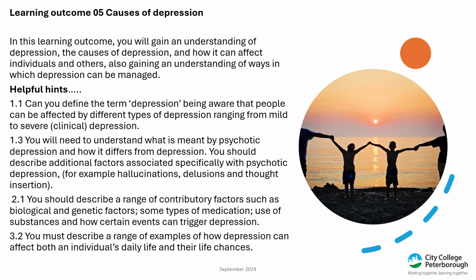You'll also be able to describe a range of contributory factors, such as biological and genetic factors, how some types of medication can cause problems, use of substances, and how certain events can trigger depression.